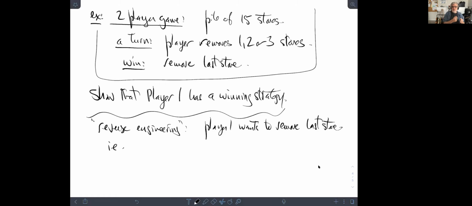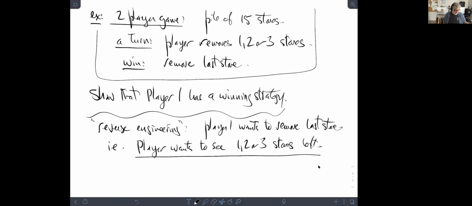Since a move means removing 1, 2, or 3 stones, it means player one wants to see on the board 1, 2, or 3 stones left. Clearly, right? If player one sees 1, 2, or 3 stones on the board, then player one can remove the required number of stones and win.